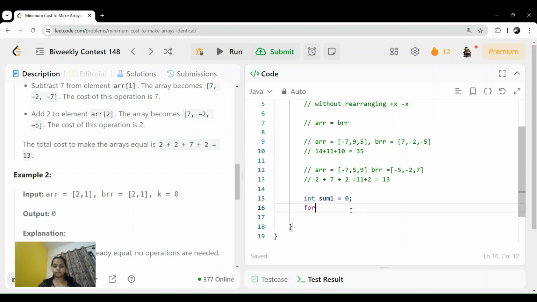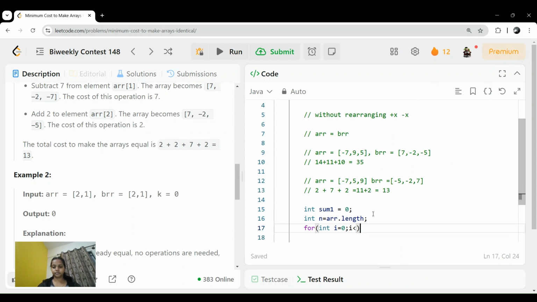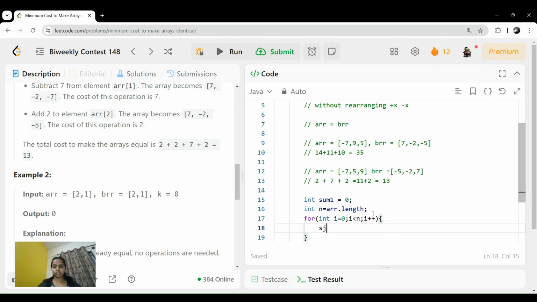So for int i equal to 0, i less than n, where int n is equal to arr.length, i plus plus, sum1 plus equal to Math.abs of arr of i minus brr of i.